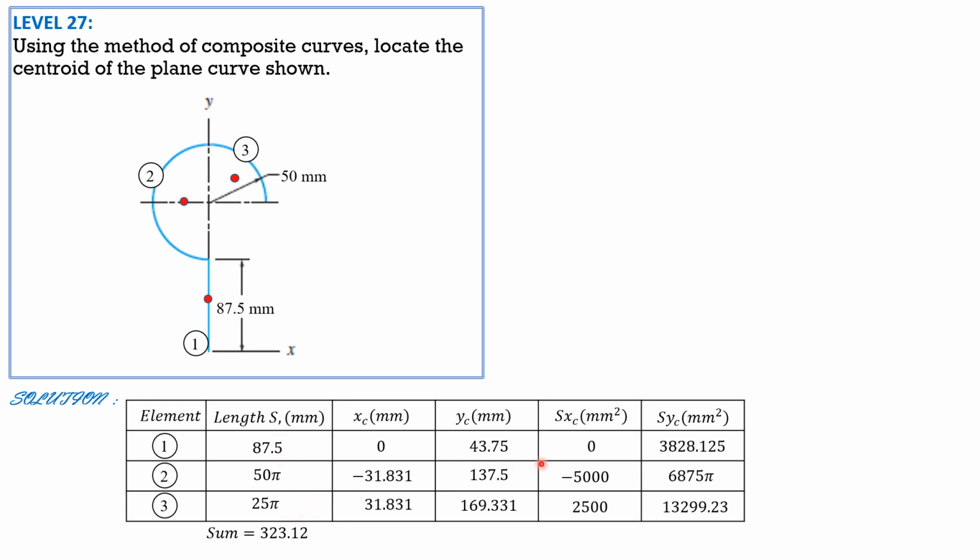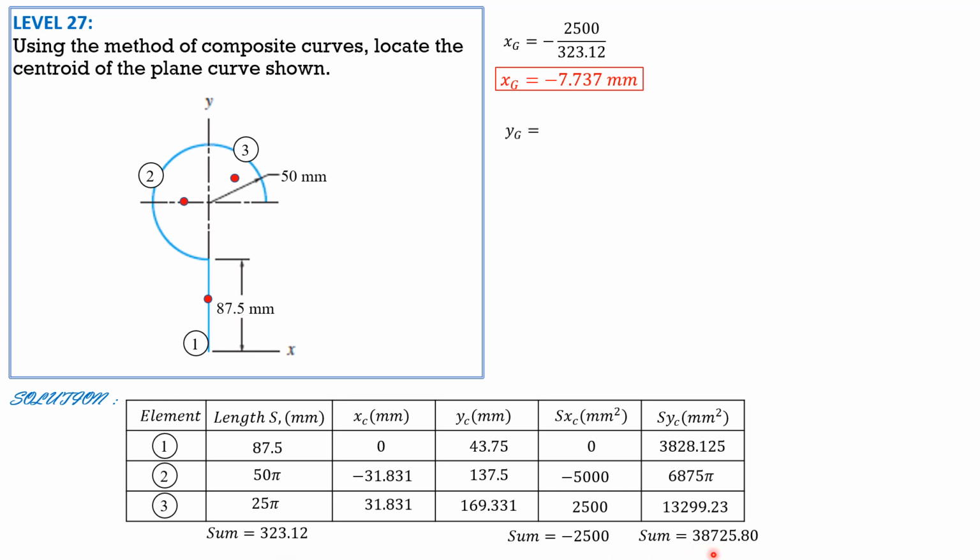So the sum of the lengths is 323.12 mm. The sum of S times x sub c, this column here, is negative 2,500. And the sum of S times y sub c here is 38725.8. Therefore, xg is negative 25 over 323.12, so xg is negative 7.737.